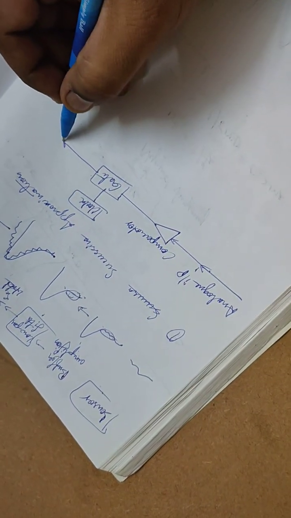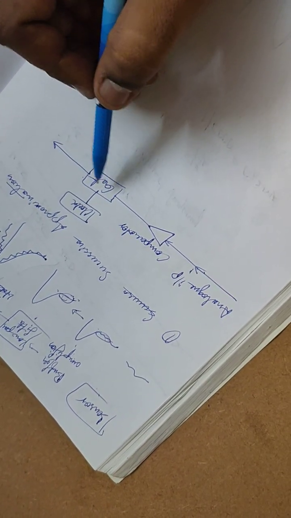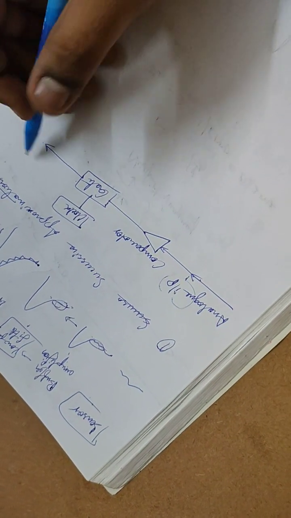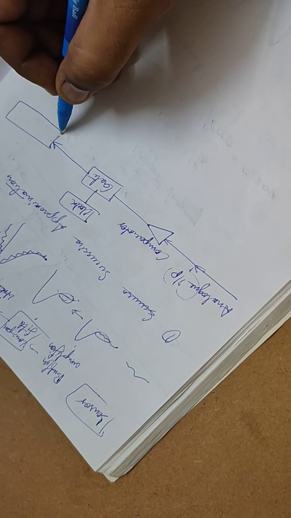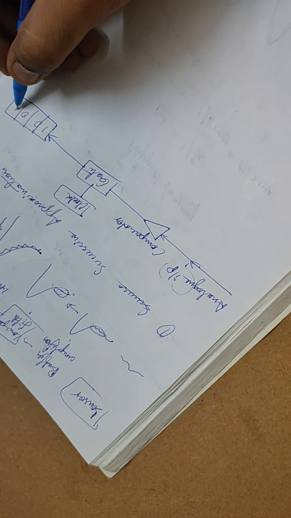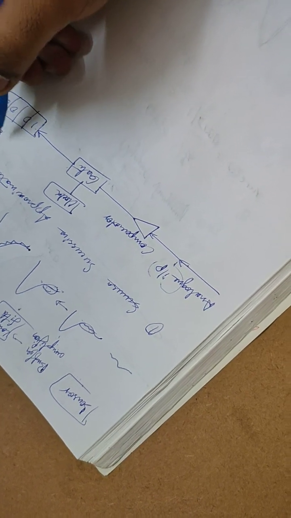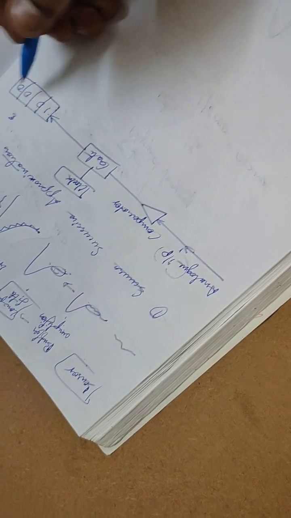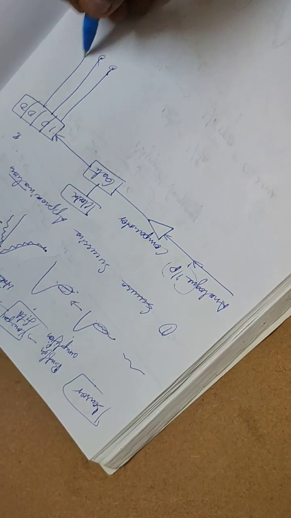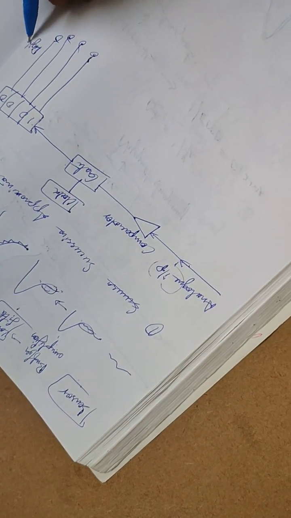This gate controls the admission of input pulses to the digital storage register, 4-bit storage register, like this, right? 2 to the power of 3, 8. This is 8. Let's say this is a high, right? And this is the digital output, analog input to digital output.